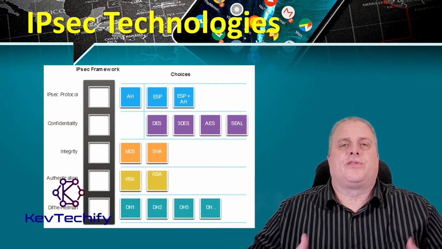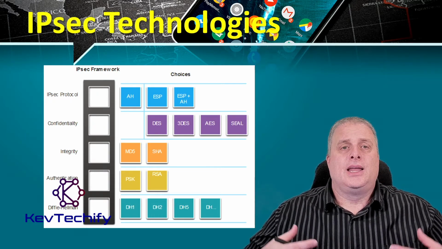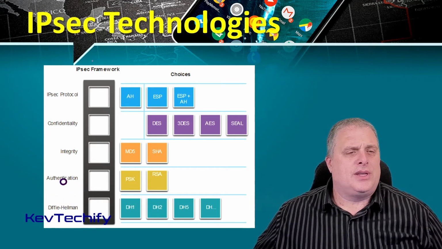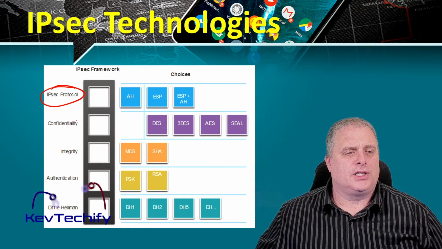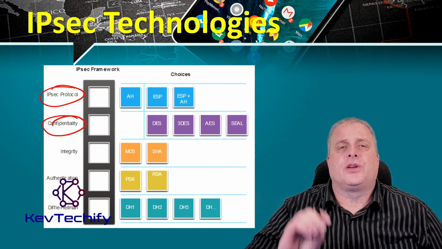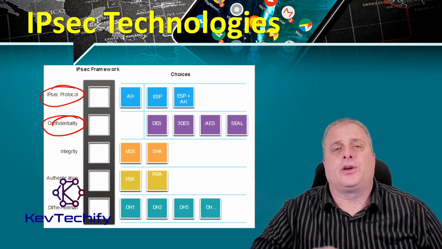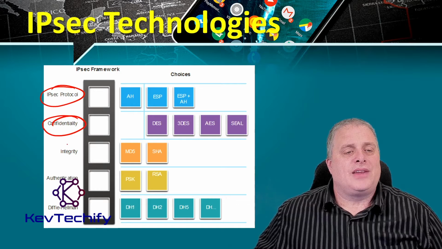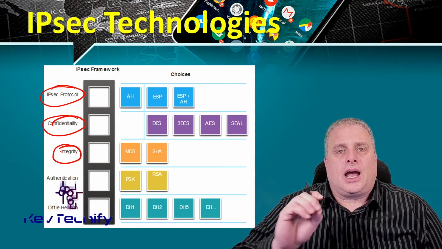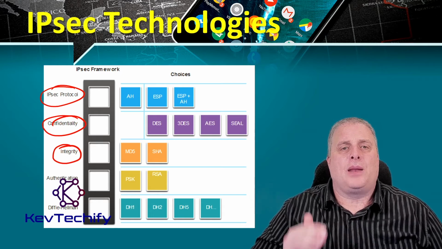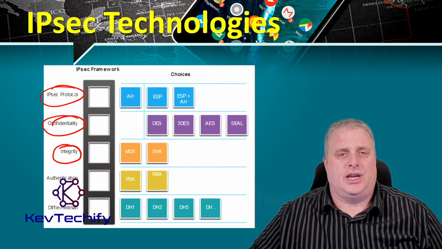Using the IPsec framework, IPsec provides essential security functions. So we have our IPsec protocol here. The first function it provides is confidentiality. IPsec uses encryption algorithms to prevent cyber criminals from reading the packet contents. Then we have integrity. IPsec uses hashing algorithms to ensure that packets have not been altered between source and destination.